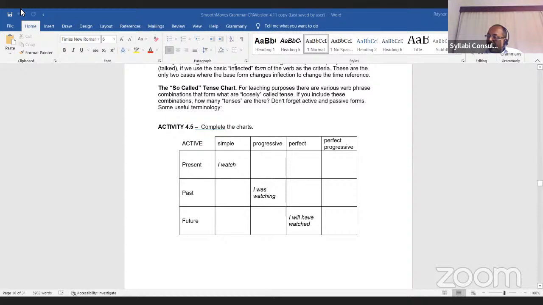And then that's the perfect progressive, right? No, that's the perfect. I will have watched. Look at the rest of your perfect progressives.